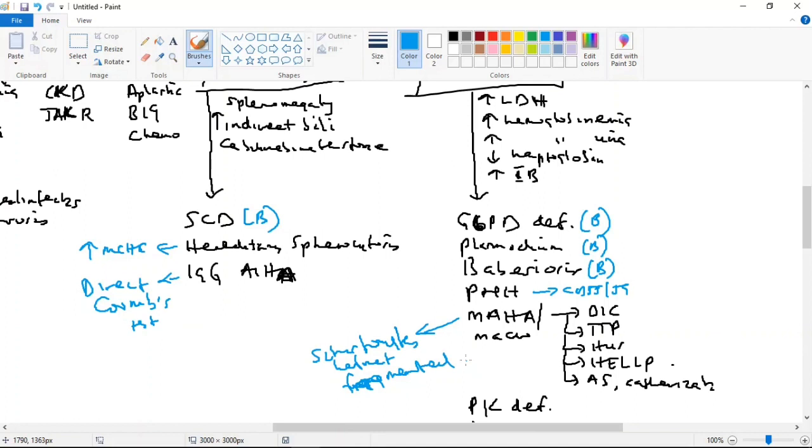So I suspect, of course, DIC, typically triggered by trauma and sepsis, bacterial sepsis and stuff. DIC leads to widespread consumptive coagulopathy in the body. So all the coagulation factors are going to be activated, platelets will be activated, they're forming clots, and all those clots are going to be destroying red blood cells.